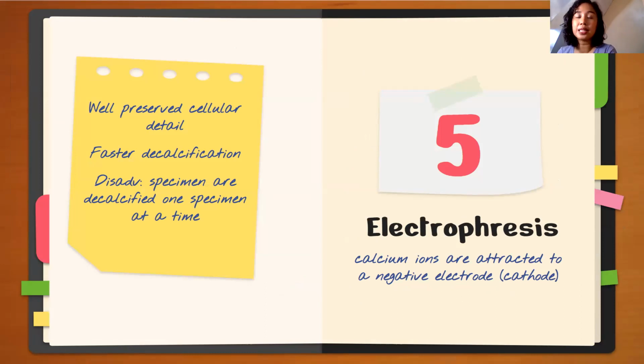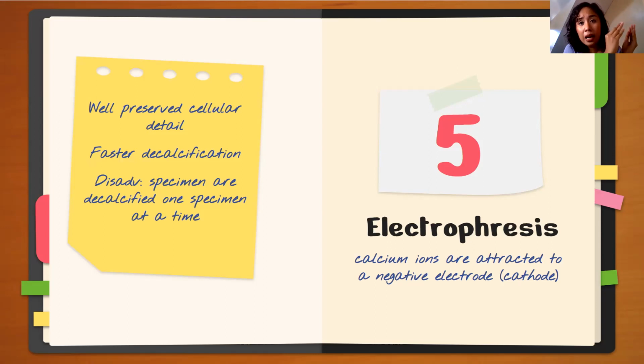So, kung naalala nyo guys, yung electrophoresis, we apply electrical charge to our tank or media or agar. We apply electrical charge. So, may positive electrode, at saka may negative electrode. So, in the negative electrode, pupunta yung mga positively charged particles.